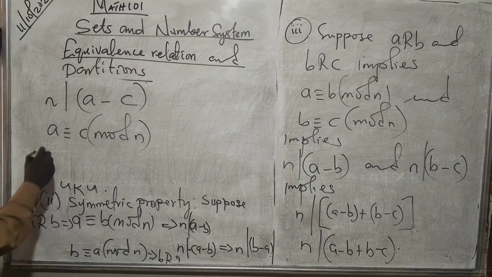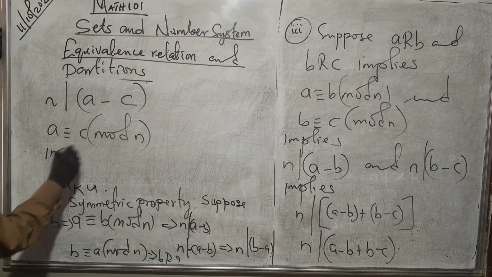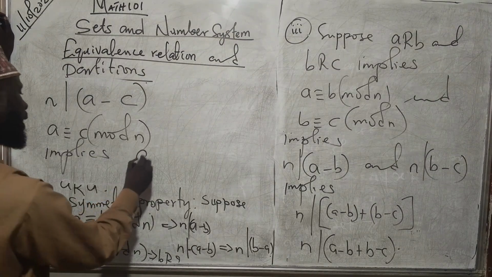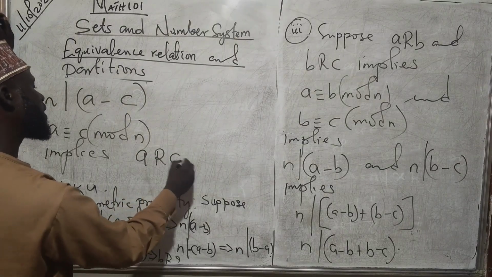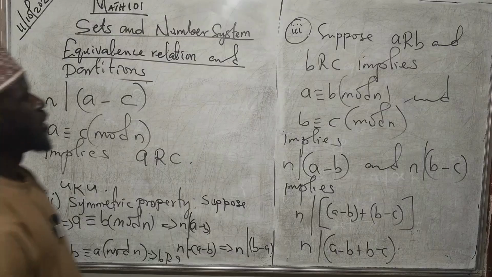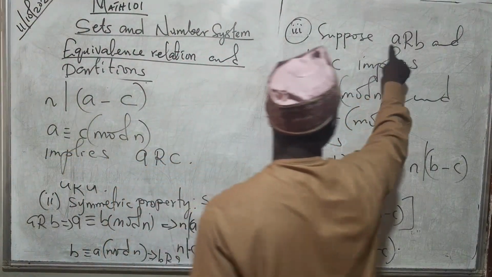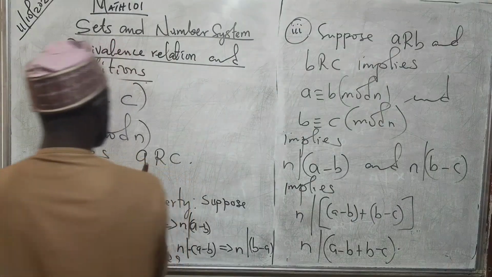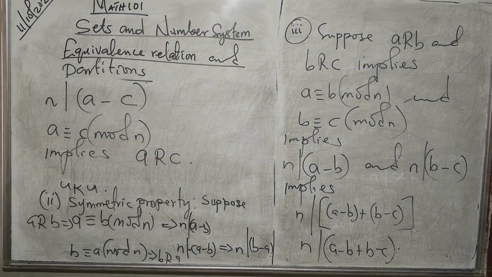And that implies A is related to C. So we have the transitive property here. A is related to B and B is related to C, implies at the end A is related to C. Transitivity happens.